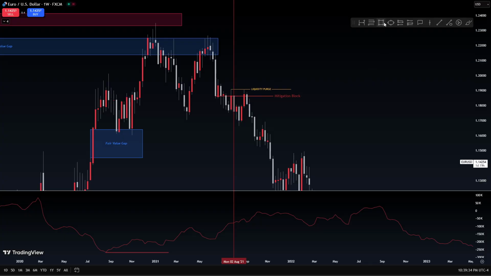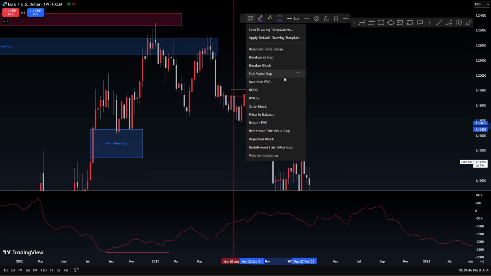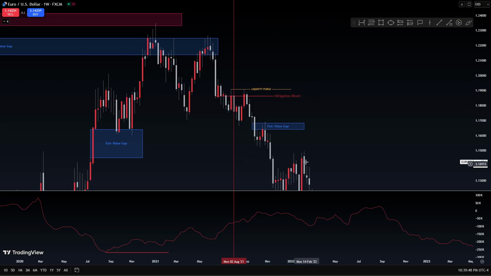Okay, what do they buy at? Well, there's a couple things here. Fair value gap, and then guess what? Another mitigation block, but its low doesn't hit it. So one thing we have is the fair value gap, which is right here. As you can see, there's the buying at the fair value gap at that point. And then guess what?